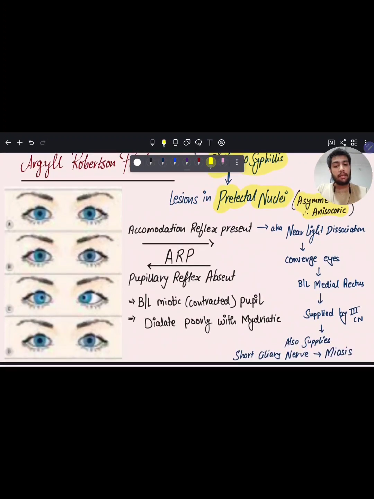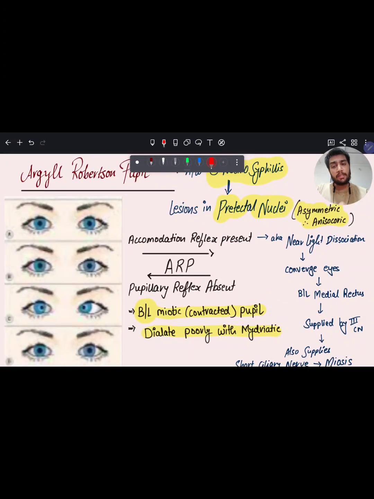They present with bilateral miosis, that is contracted pupils, and such pupils dilate very poorly with mydriatics. There is an easy way to remember what happens in Argyll-Robertson pupil: ARP, accommodation reflex present, while PRA, pupillary reflex absent.